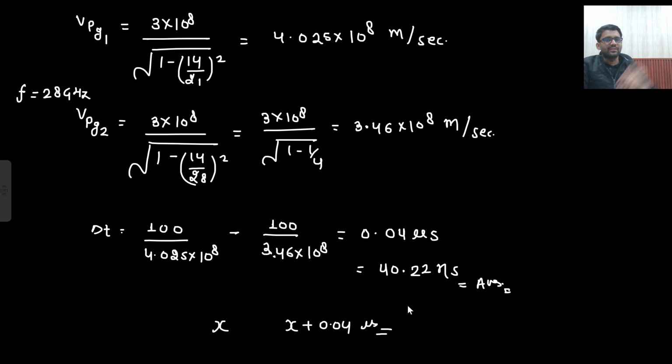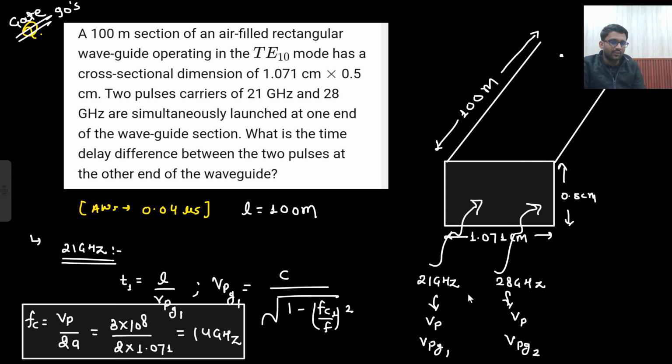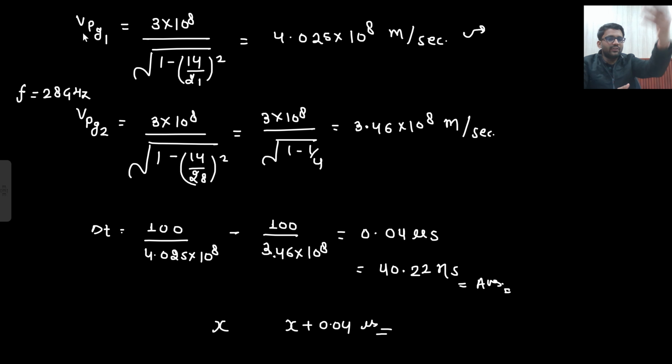So one wave will be faster. Which will be the faster one? This will be the faster one, right? The one propagated with 21 gigahertz will be faster, because its phase velocity is more. If phase velocity is more, that means it will take less time. So this is the faster one, this is the slower one.